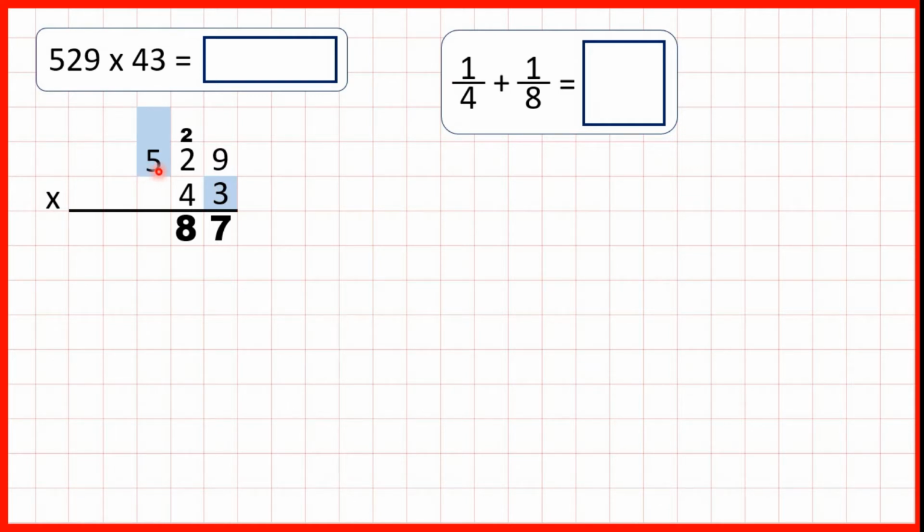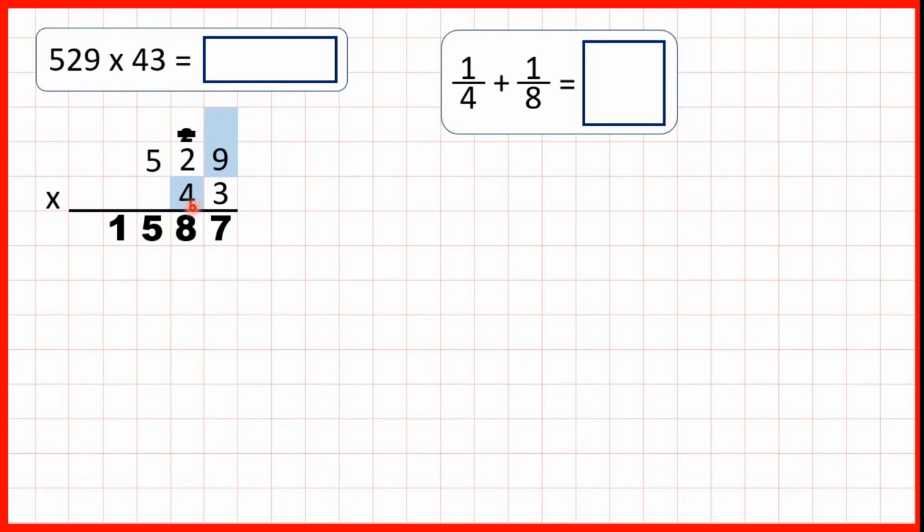Now that's a 2-digit number, but because we don't have any more digits to multiply by, we can just write 5 times 3 is 15 in our answer line. Now, it's really important that we remember to cross out our working above, because now we're going to multiply by the 4 in our tens.